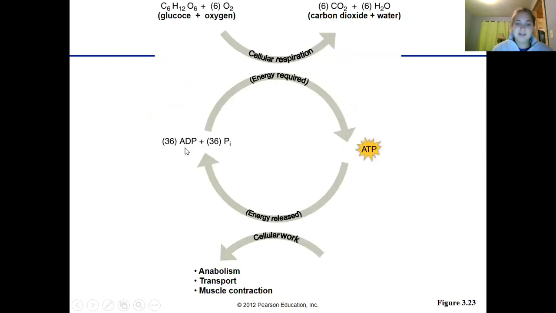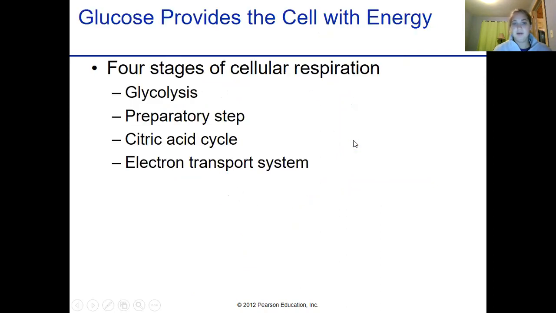So here's that process of things getting broken down. Even in cellular respiration, we have that cellular work here. That cellular work is going to be the anabolism, transport, so that we can get muscle contractions. And this energy is required to create this ATP. There are 4 different stages of cellular respiration: glycolysis, the preparatory step, the citric acid cycle, and the electron transport system.